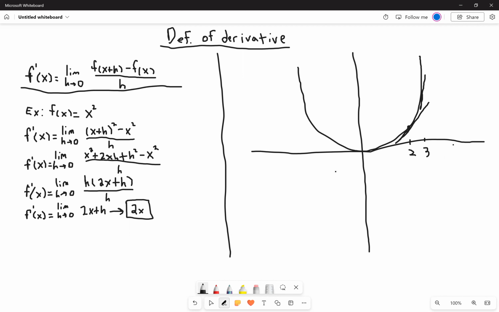And if you guys have seen, we use something called secant lines. I'm going to be drawing a secant line here where we open at 2 points as opposed to 1 point. And we're looking for maybe this point here.